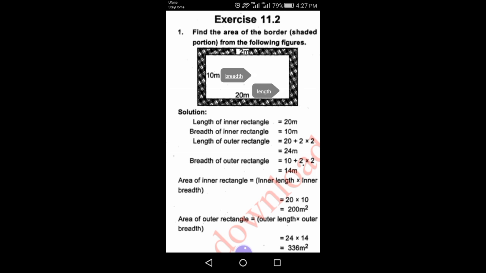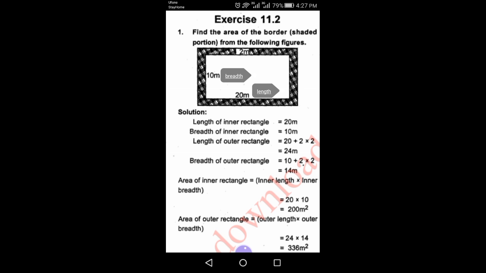Now we find out the breadth of the outer rectangle. Breadth of the outer rectangle is equal to the breadth of the inner rectangle, that is 10 meter, plus twice the width of the border. So 2 multiplied by 2 is equal to 4. When we add 4 to 10, we get 14 meter, that is the breadth of the outer rectangle.